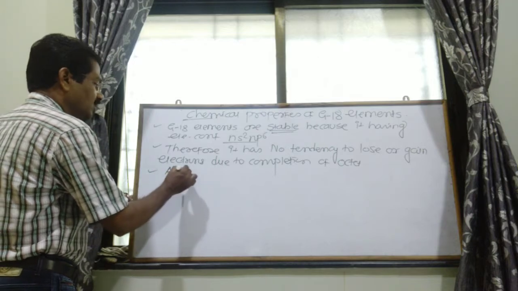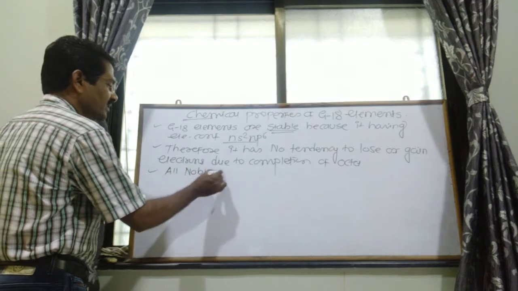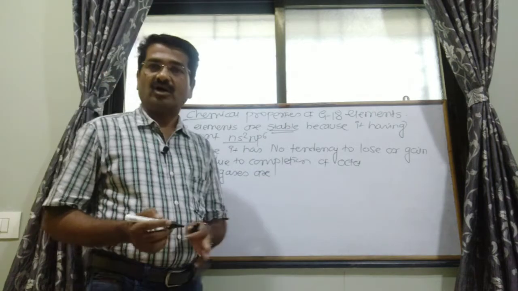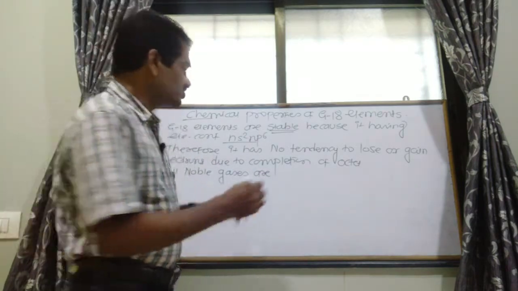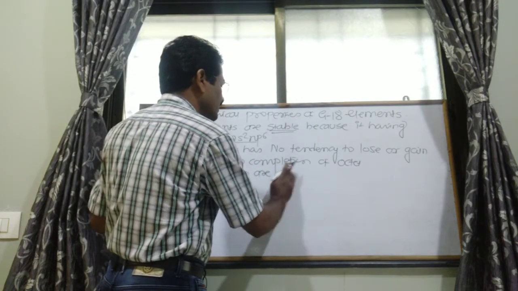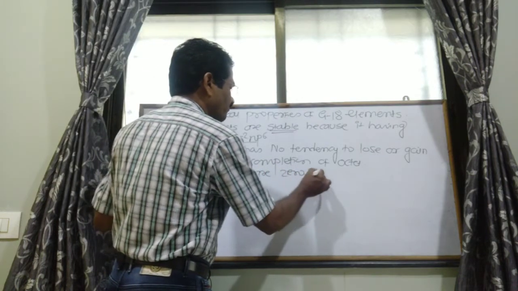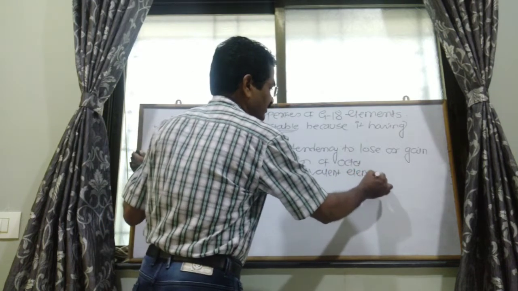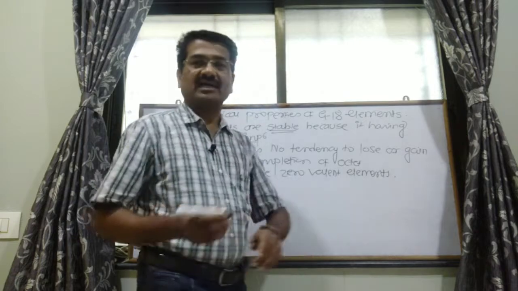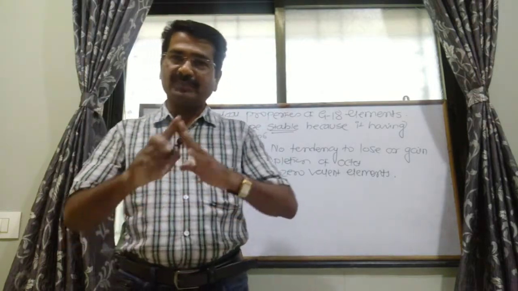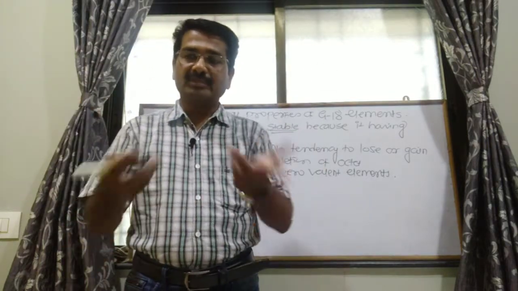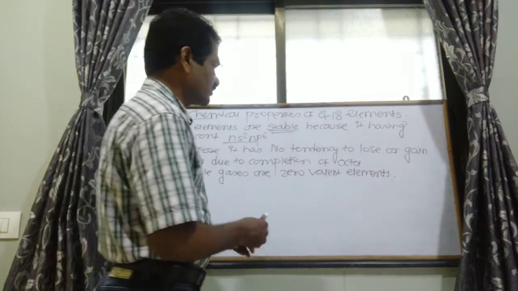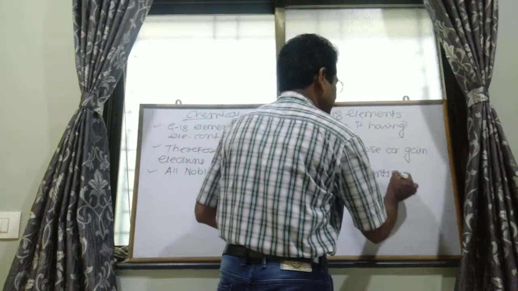All noble gases are zero valent elements. All the noble gases are zero valent because they cannot possess any valency due to completion of octet. These are the zero valent elements of monoatomic gases.